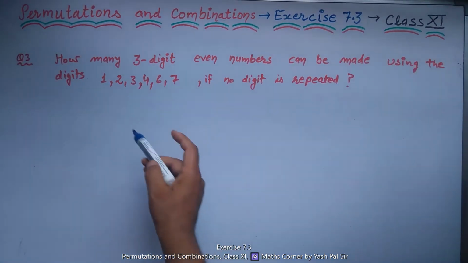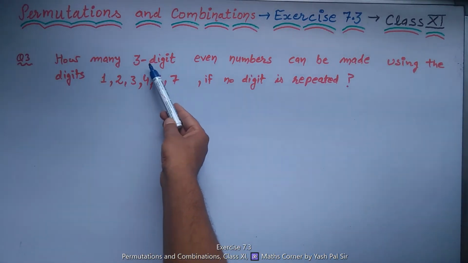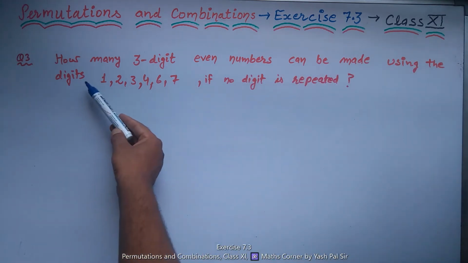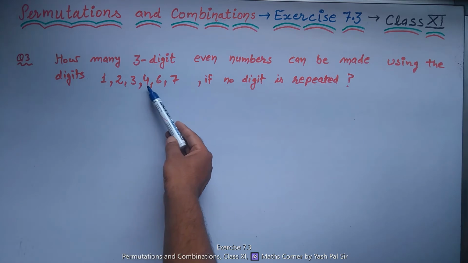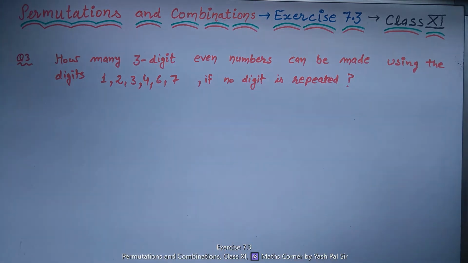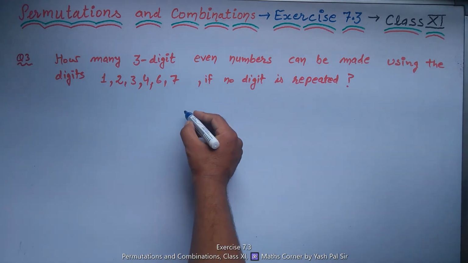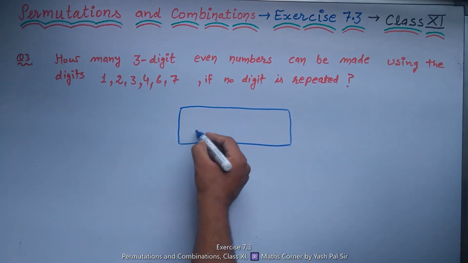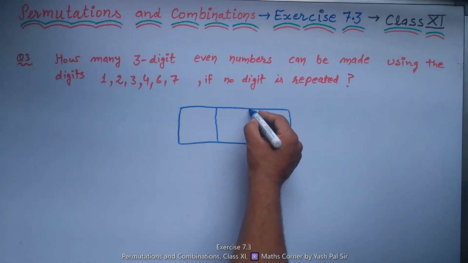Now coming to question number 3. How many 3-digit even numbers can be made using the digits 1, 2, 3, 4, 6, 7 if no digit is repeated? So once again, we have to enter these digits in 3 boxes.